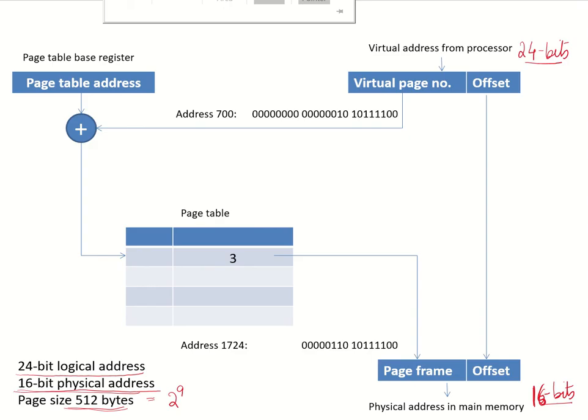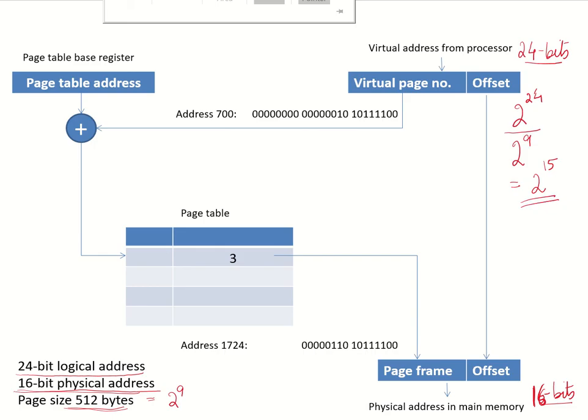So there are 2 to the power of 24 bytes that can be accessed by the processor. So how many pages would be there? 2 to the power of 24 divided by 2 to the power of 9. This refers to how many pages? 2 to the power of 15. 2 to the power of 15 pages are there.